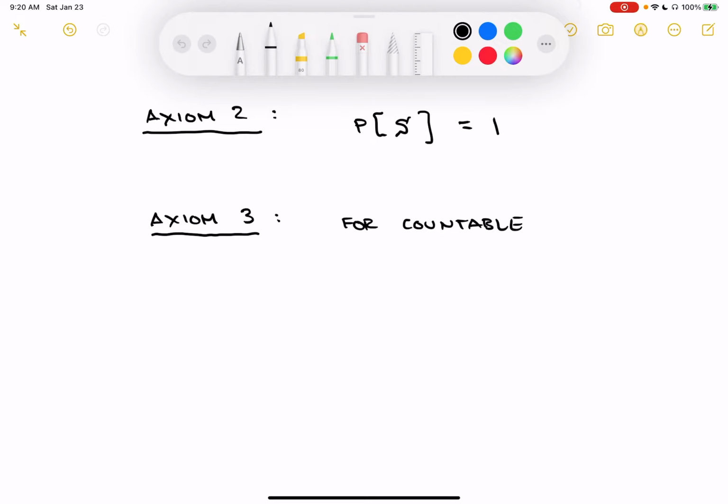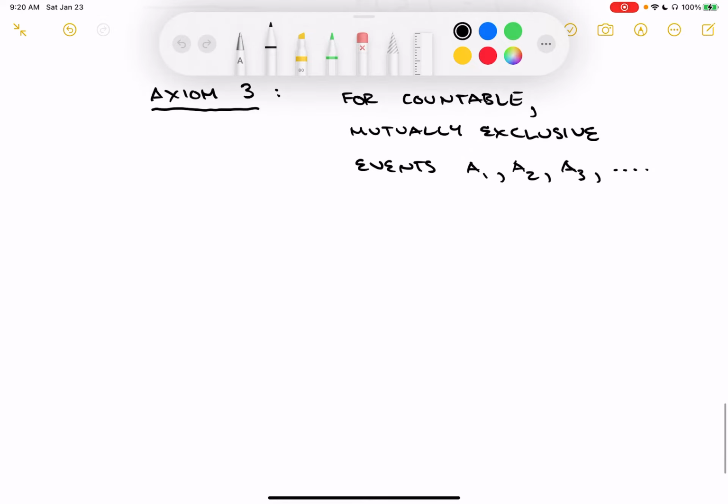Mutually exclusive means there's no overlap between these elements. So for countable, mutually exclusive events A1, A2, A3, the fact that I'm subscripting these with an integer tells me that it's countable, going out to potentially A infinity. Each pair of these is mutually exclusive, which means their intersection is equal to the null set.